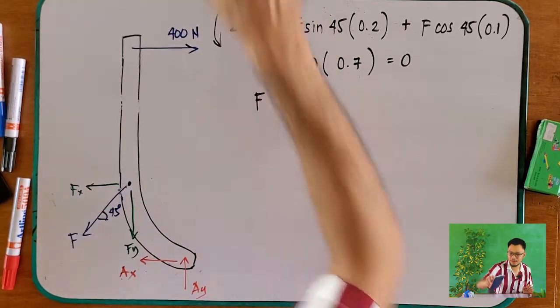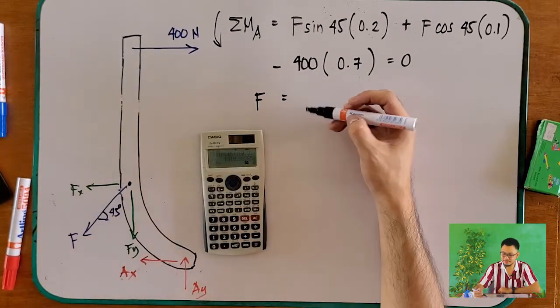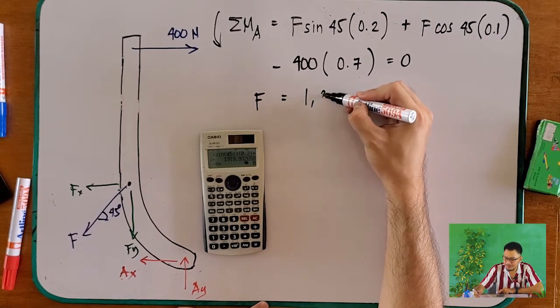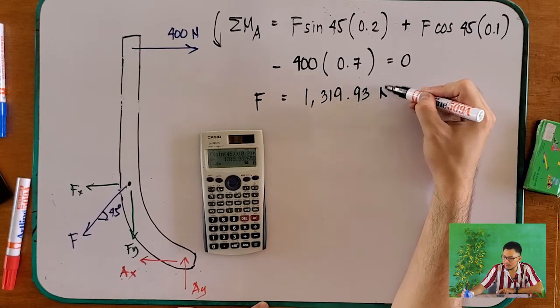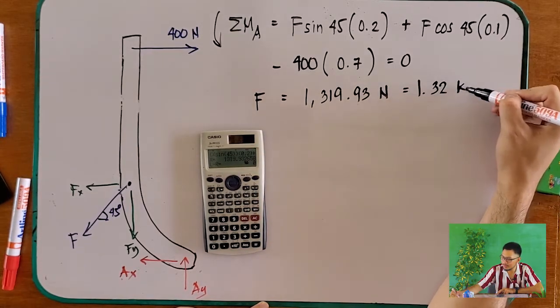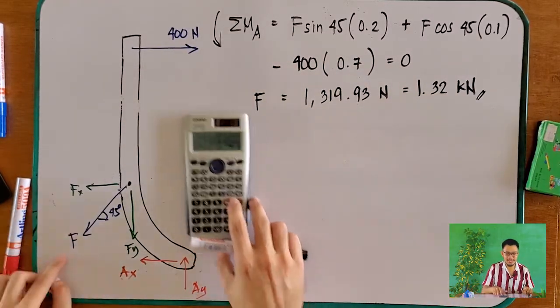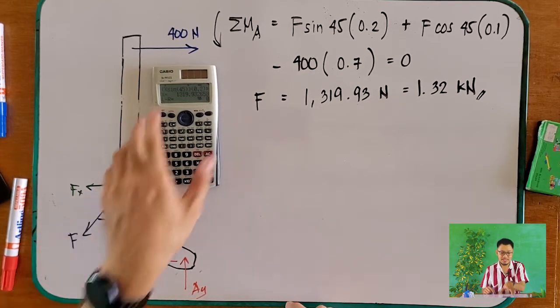So you can solve for your F as you will have an answer of 1,319.93 newtons, or that is 1.32 kilonewtons. Okay? So that is the answer of your F. So we already have solved for our F.